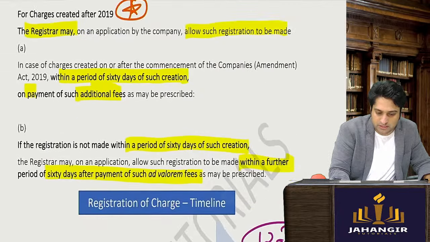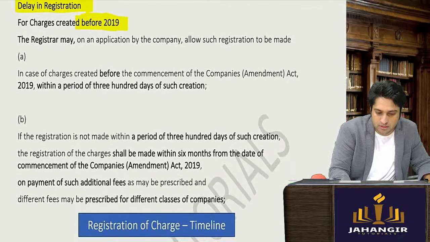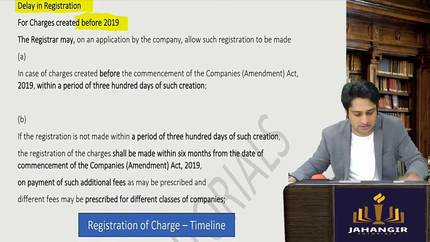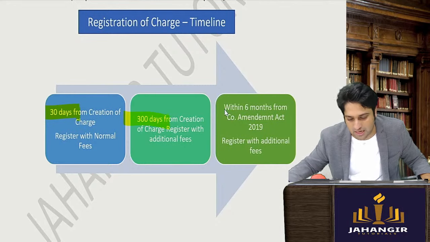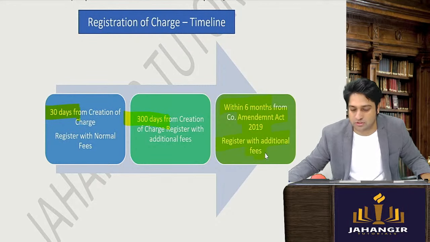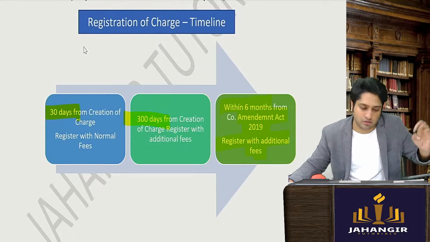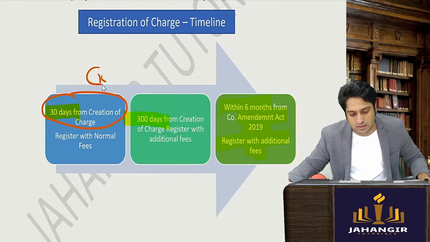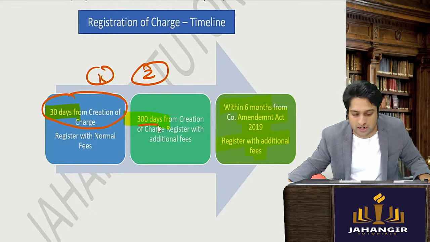Now, if you go to see the timeline before, it's not important for now, but I'll just take you through it, which is also very simple. It was 30, 300, and within 6 months from the Companies Amendment Act 2019. So what was the timeline before? Within 30 days of creation was always the same. They had allowed 270 more days of delay, so 300 days from creation.